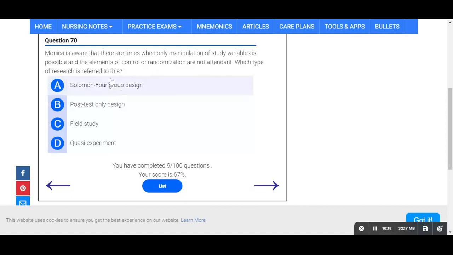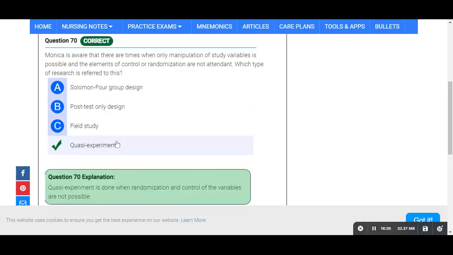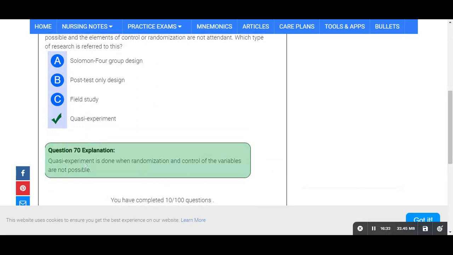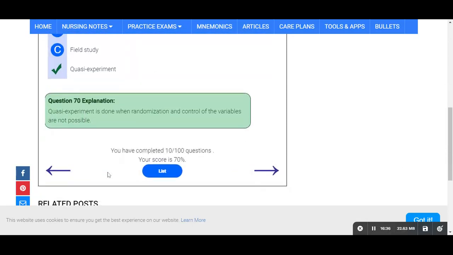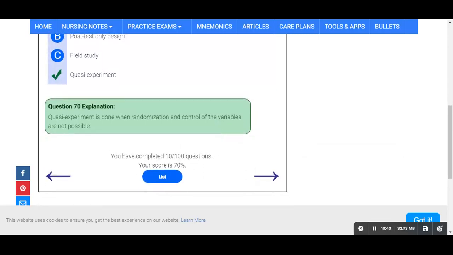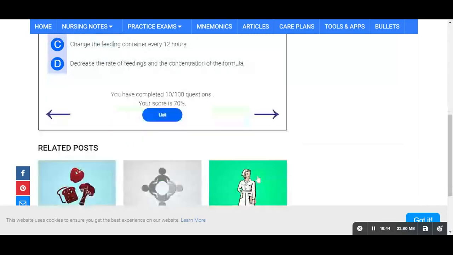Manipulation of study variables is possible. I'm not sure, but quasi-experiment is done when randomization and control of the variables are not possible. The reason I know about this is because this was the one we used in our research study, so I've heard about it.